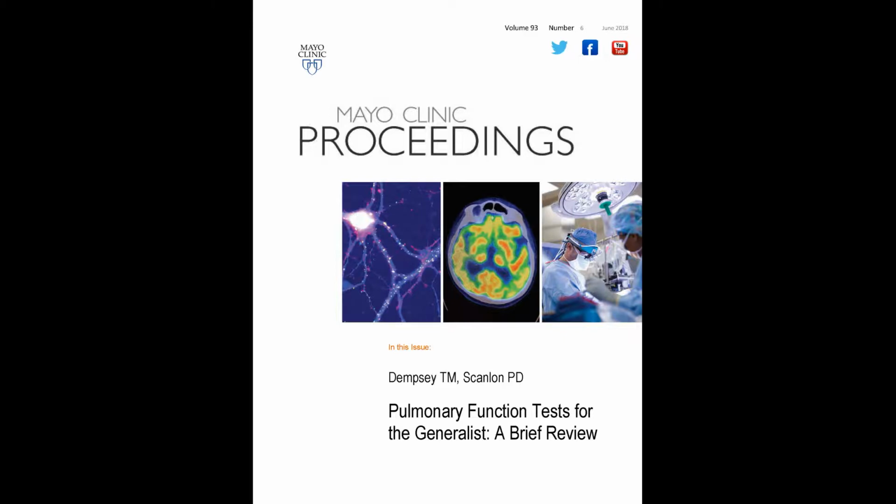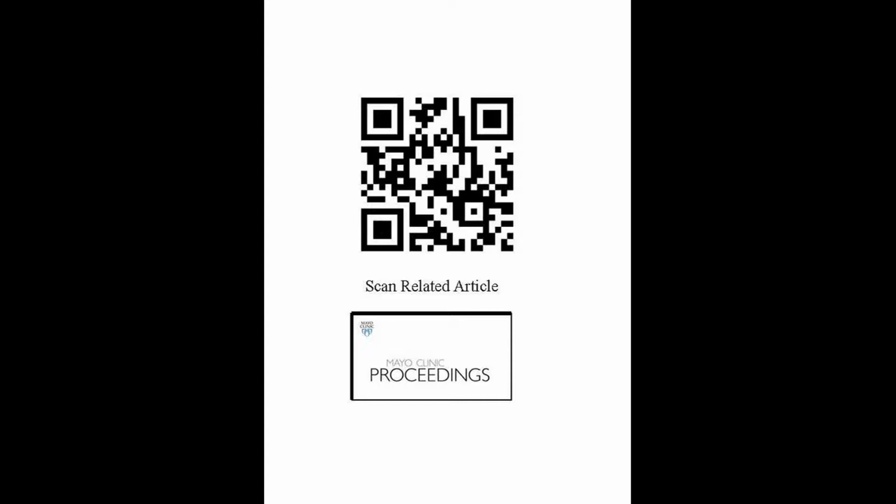Basically, this is a high-level overview of the basic pulmonary function tests that we believe are important for primary care physicians to know. These include things like spirometry, lung volumes, and diffusing capacity.